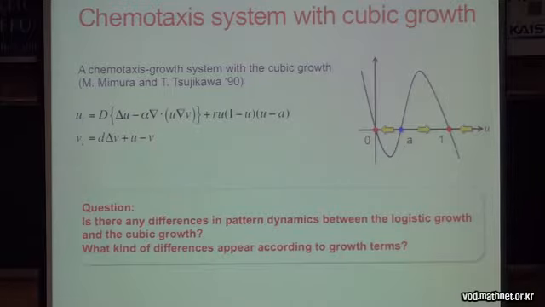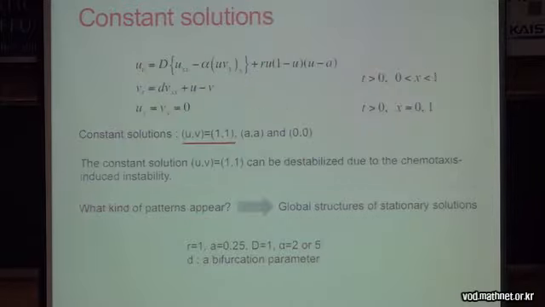In order to answer this question, we first consider the constant solutions. As you know, this system has three constant solutions: (U,V) = (1,1), (U,V) = (a,a), and (U,V) = (0,0). Of course, if we neglect the chemotaxis term, then U = 1 is stable.